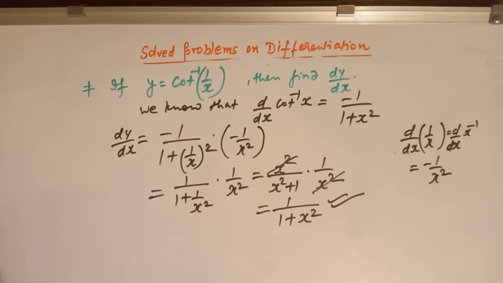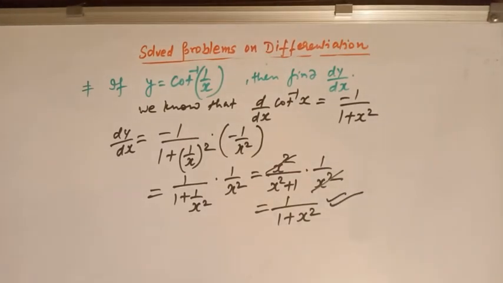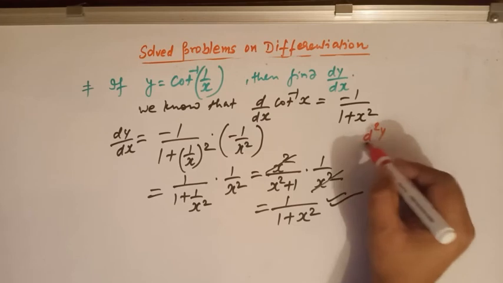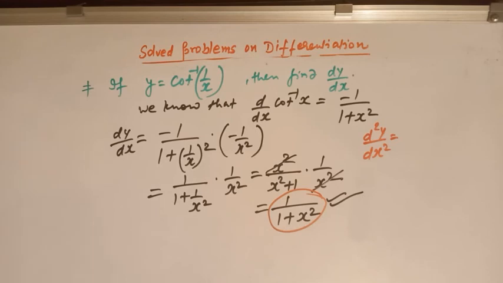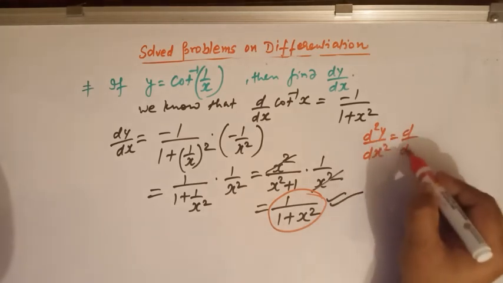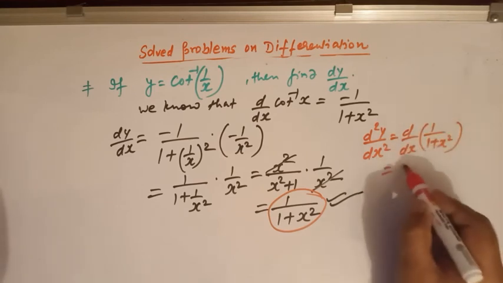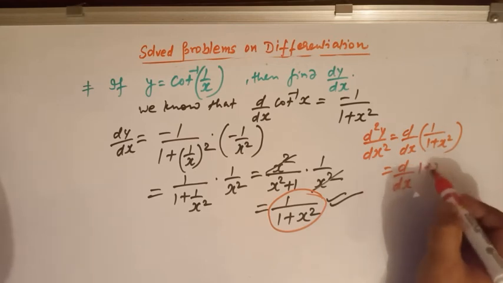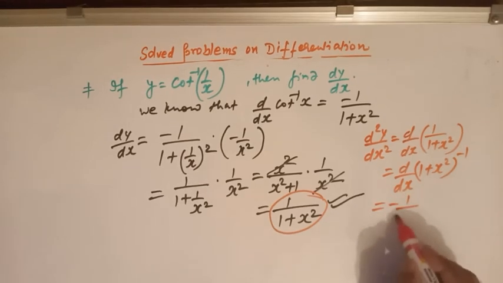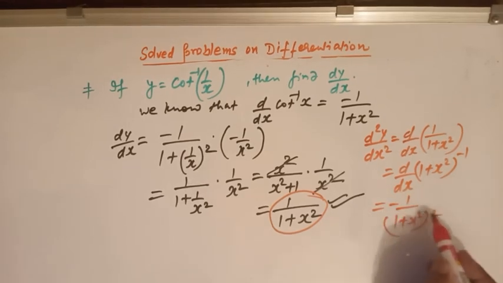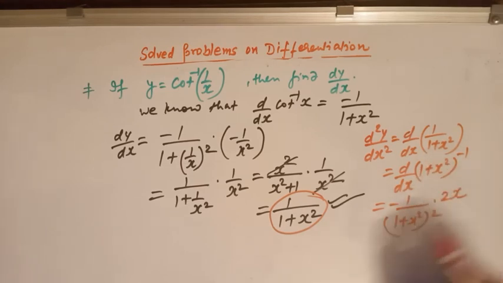Now suppose if we want to find the second derivative, then what we will do? So if we want to find d square y over dx square, then it means we have to differentiate this function, and we write it like this, 1 over 1 plus x square. We can write it d over dx of 1 plus x square raised to minus 1, and then we have minus 1 over 1 plus x square whole square, and then we differentiate 1 plus x square, which is equal to 2x.